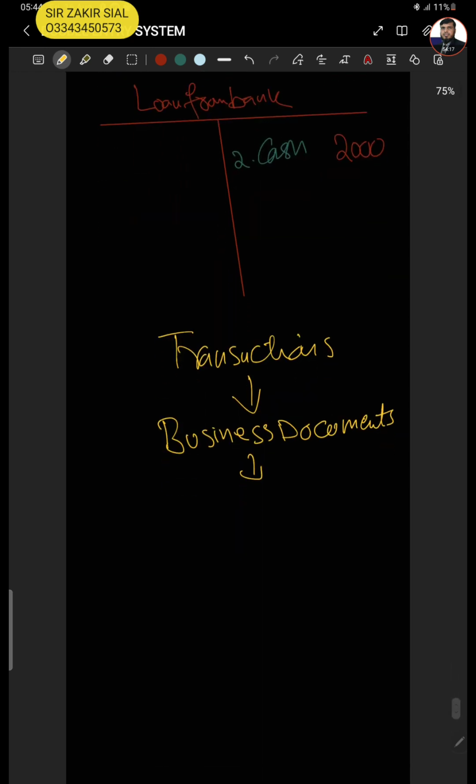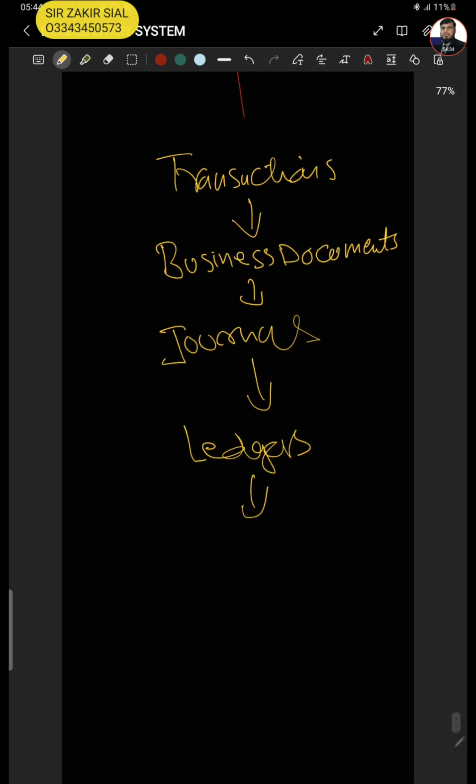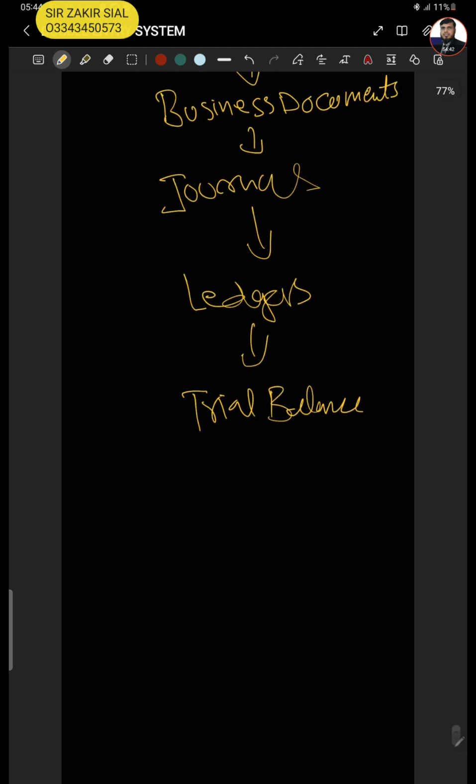Those business documents are recorded into the journals, and from journals these are transferred to the ledgers, and from ledgers the trial balance is prepared. What are all these? We will be discussing in the next class.